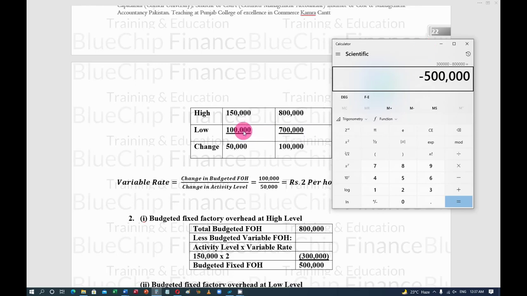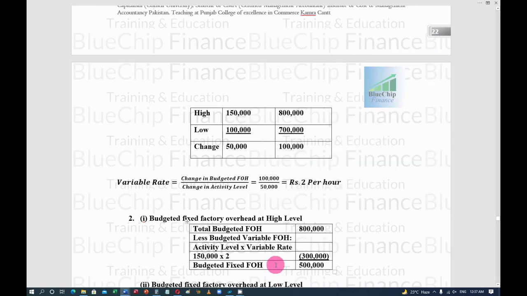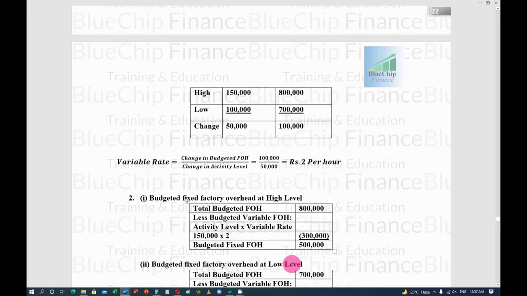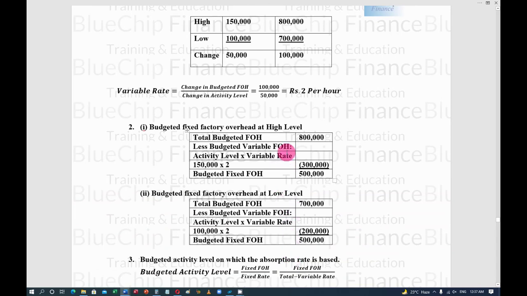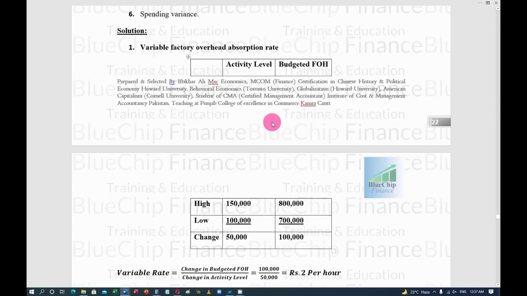At the other level of activity, you can also calculate: 1 lakh activity level multiplied by variable rate 2. So in total FOH 7 lakh, 2 lakh is variable FOH. What is the remaining amount? Remaining amount is 5 lakh. So 5 lakh is your budgeted fixed FOH. So the second requirement is met on both levels. You can calculate on the highest or lowest, it's up to you.